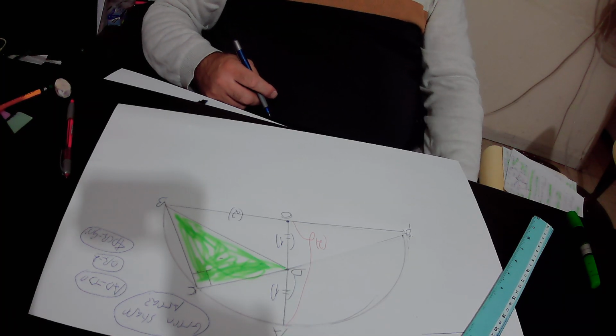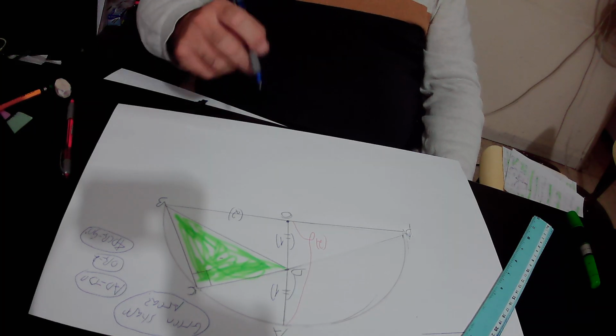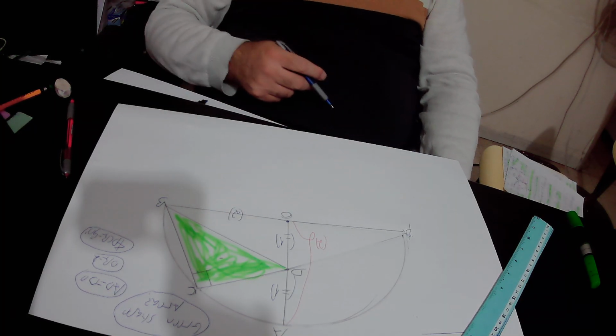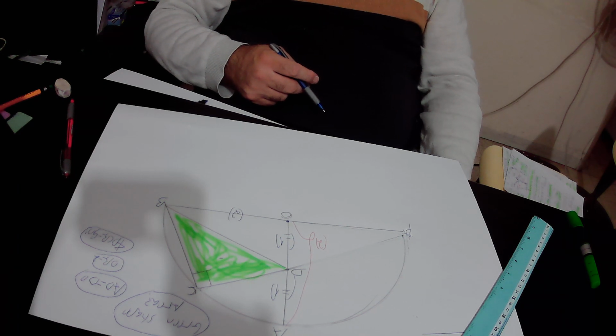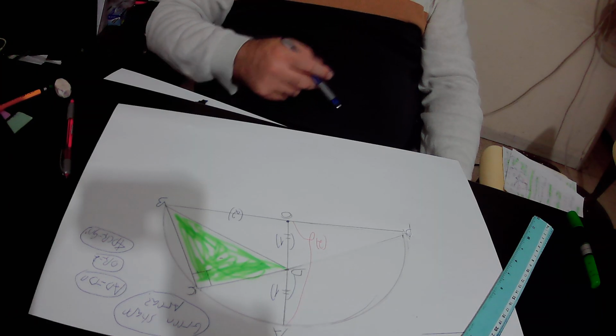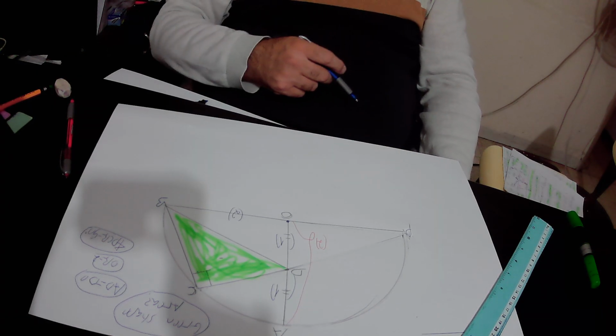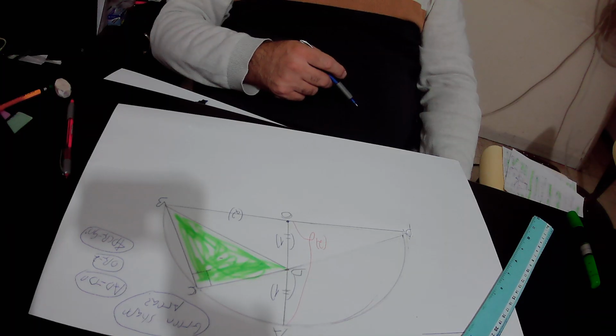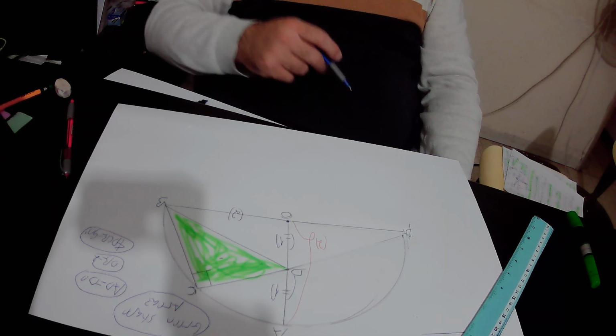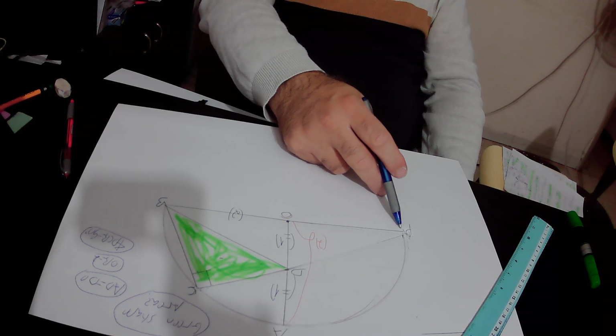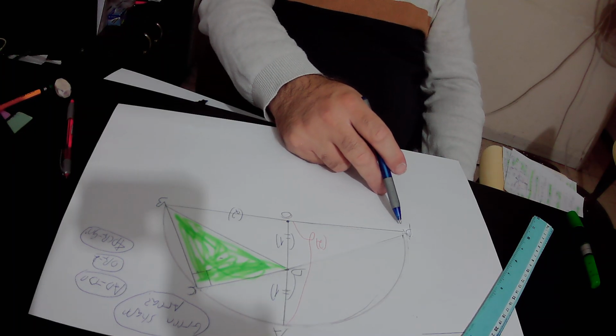I'll not repeat the same explanation. We extend line CD, and I already proved in the first method that the extended line CD will touch the circle at point P, not in any other point, due to the contradiction to rule 5. The extended side CD must touch the semicircle at point P and not in any other point.